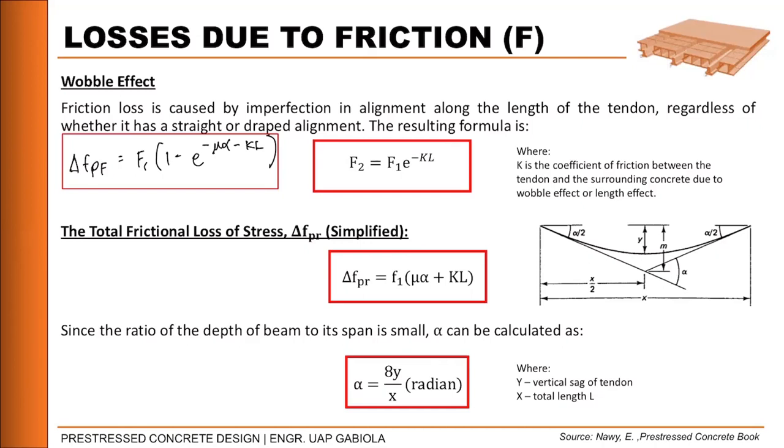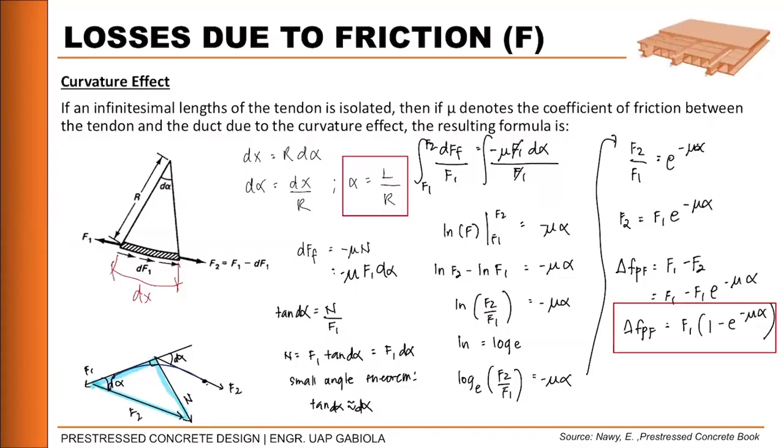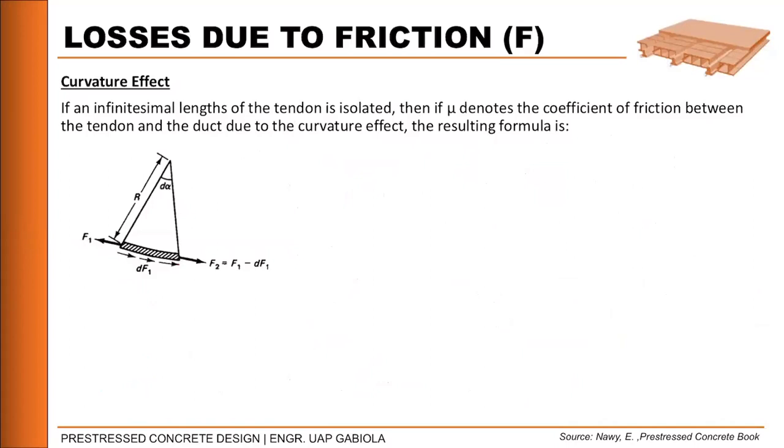Mula dito sa derivation natin na to, ang mangyayari sa kanya kapag naging constant siya, yung F2 natin para makuha siya, equal siya sa F1 minus yung friction force natin. Okay? So, pwede natin makuha si friction force as F2 minus F1, tapos negative mu times N. And then, kukunin natin yung value ng N na calculate na natin kanina.